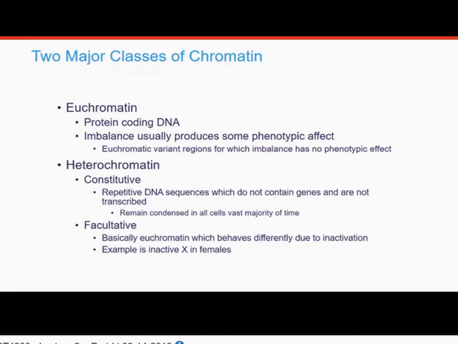Then there's facultative heterochromatin, and this is heterochromatin that can be euchromatin under a different circumstance. So it's been inactivated, and when it's inactive, it's called facultative heterochromatin. When it's active, it's called euchromatin. And an example of this is the inactive X in females, and we'll get to X inactivation.